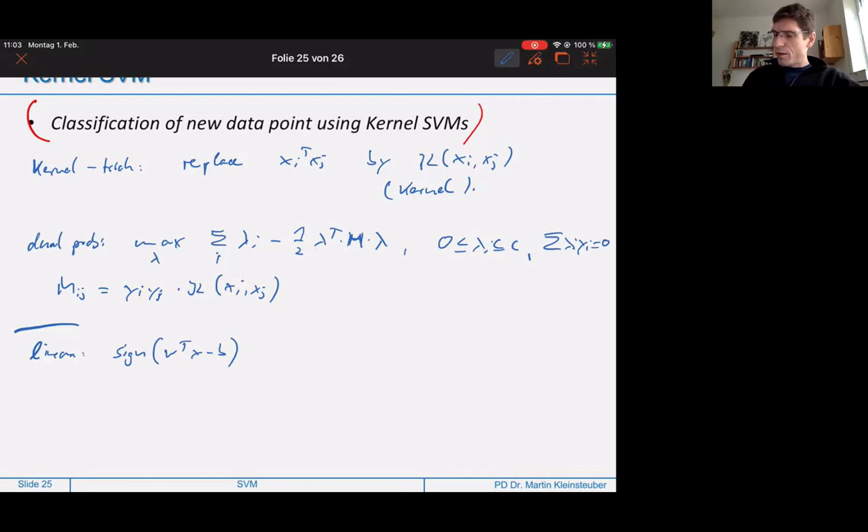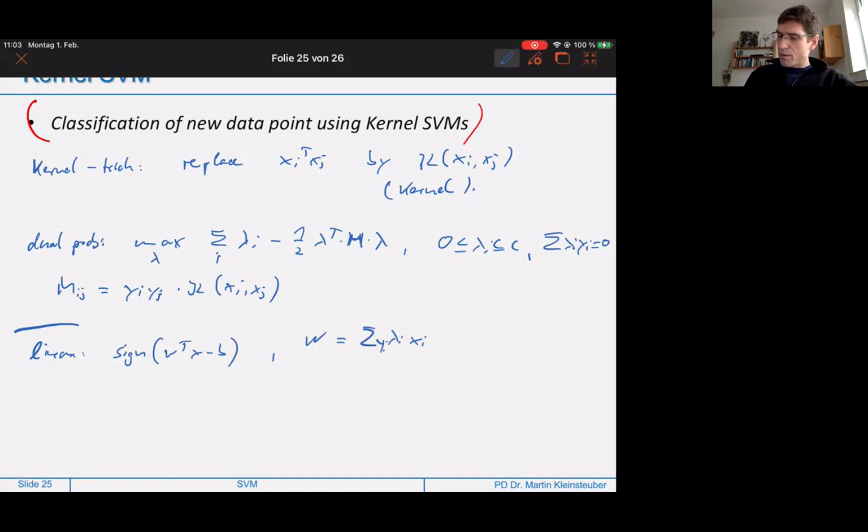If you remember, the W that you have is the sum of yi lambda i xi for the support vectors.